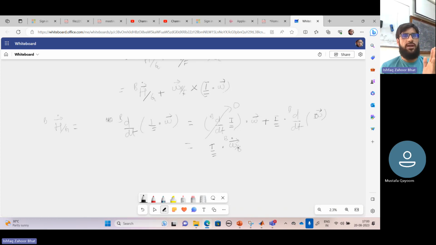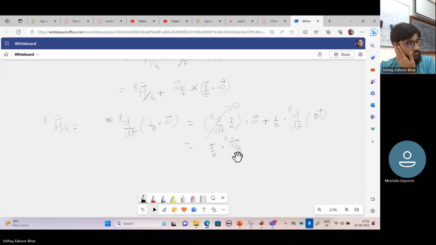The omega vector has been defined as the rotation of the body frame with respect to the inertial frame. But I am taking the change of that vector. That vector will point in some direction. I am taking that change with respect to the body frame. I am saying how that omega vector is changing with respect to the body frame. First, I define the omega with respect to the inertial frame, but now I am taking the derivative with respect to the body frame.